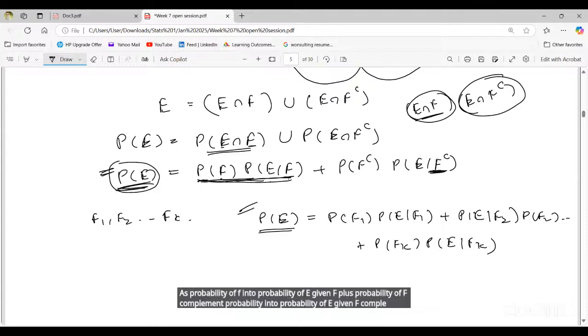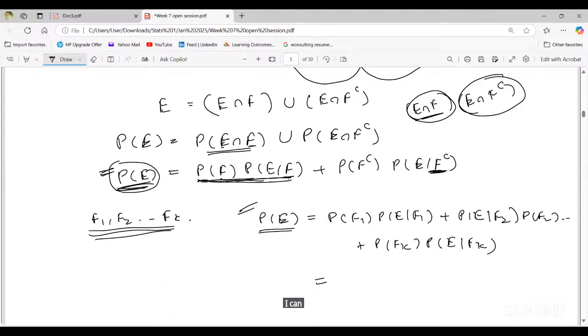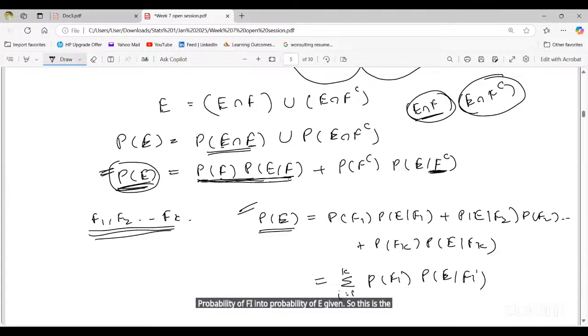If I have F1, F2 up to K mutually exclusive events, then the probability of E would be equal to the summation for i equals 1 to K of probability of Fi into probability of E given Fi. So this is the law of total probability.